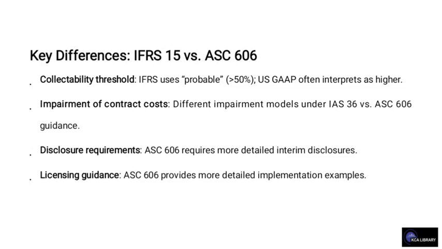As per impairment of contract costs, there is a different impairment model under IAS 36 versus ASC 606 guidance.